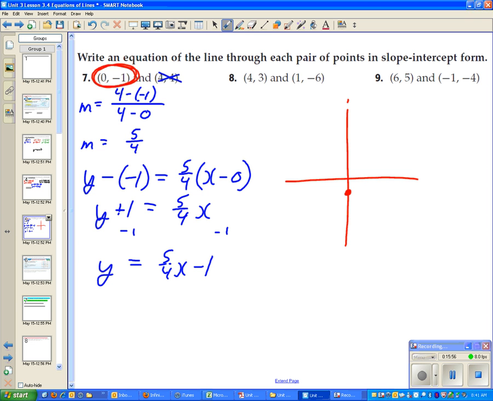All right, so I could have just said, okay, so y equals mx, so -1 must be the b, and there you go. Okay? I didn't do it that way because that doesn't happen in the other problems. So don't count on that happening.